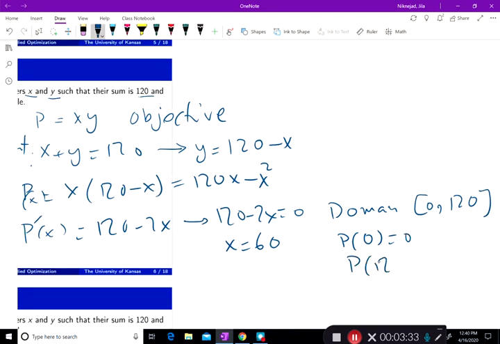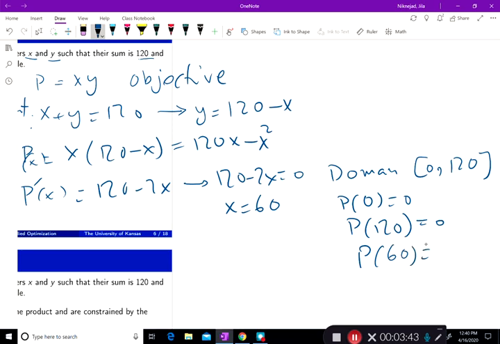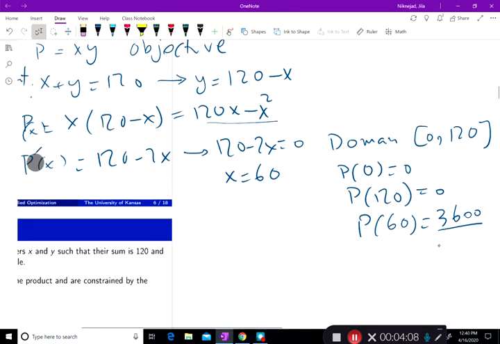P at 120, again, if I plug it in, I get 0. P at 60, if I plug in 60 into here, then I will get basically 60 times 60, which is 3,600, and this is the maximum product that I can get. That's a max value.